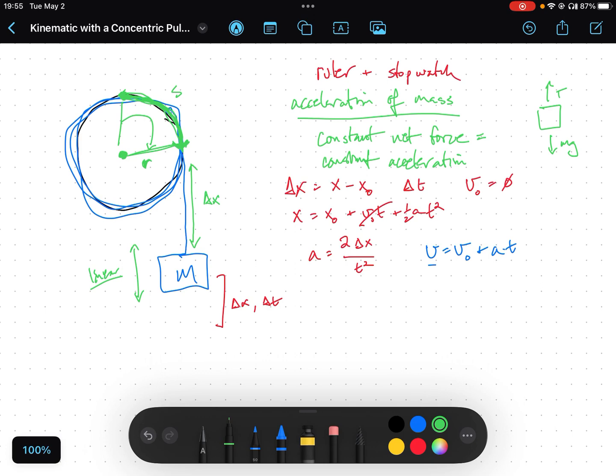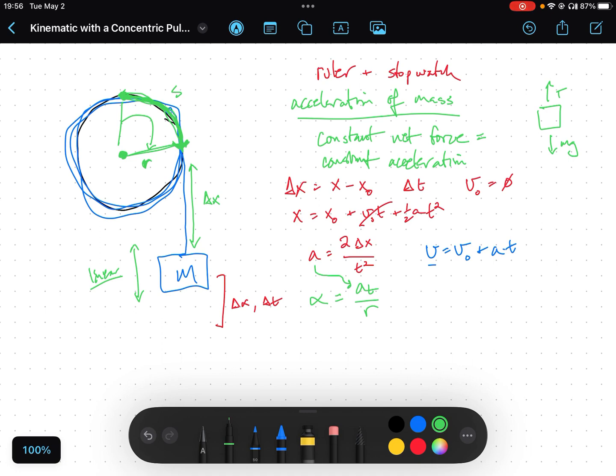And to find the angular acceleration, all we need to do is divide the tangential acceleration by r, which is the distance between where the string is attached and the center of rotation. And this quantity right here is the tangential acceleration.